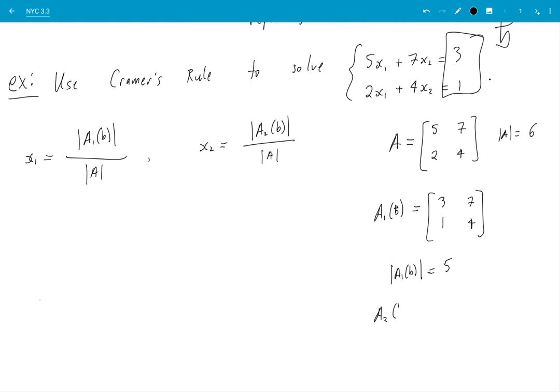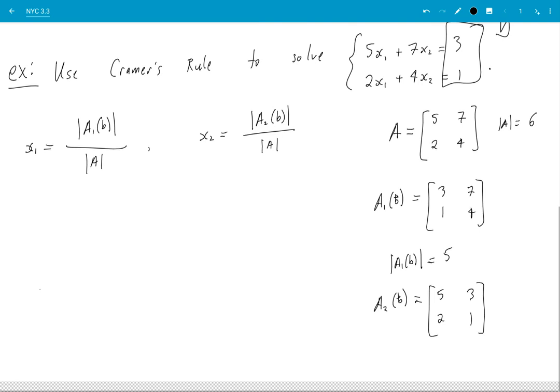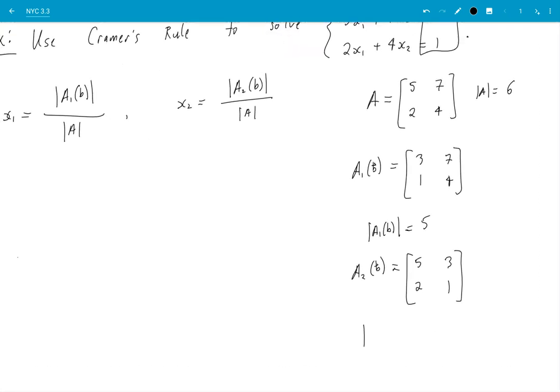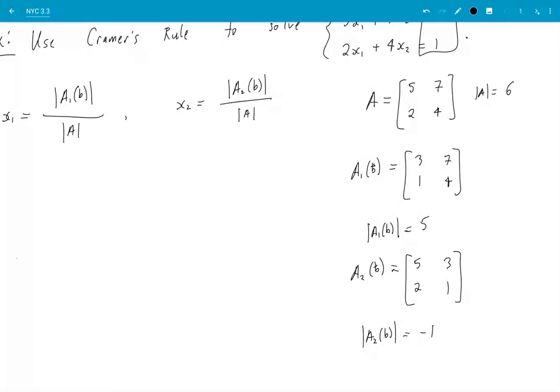And then A2(b) is, you start with A, and then you replace the second column with b. So my determinant that I need is 5 minus 6, minus 1.